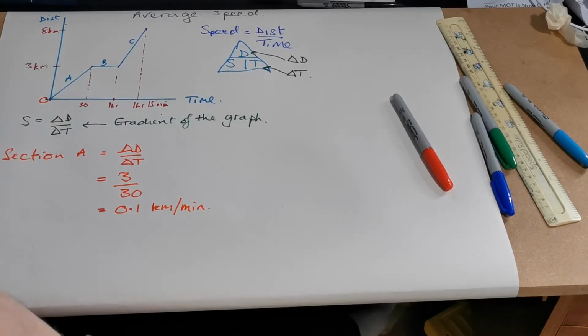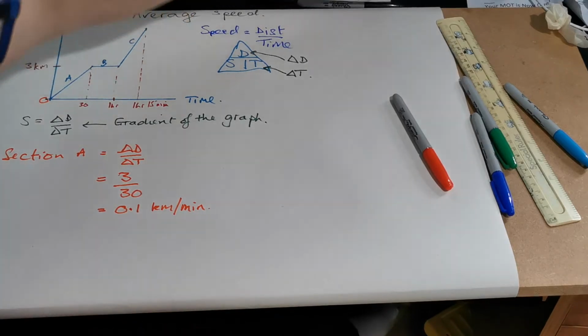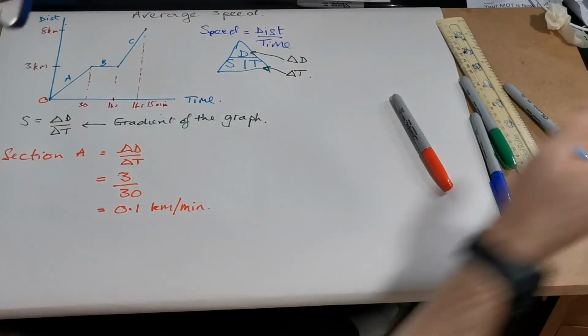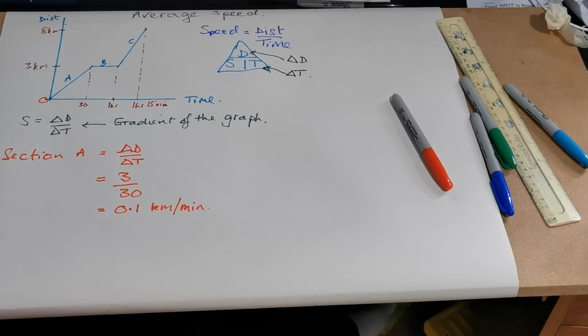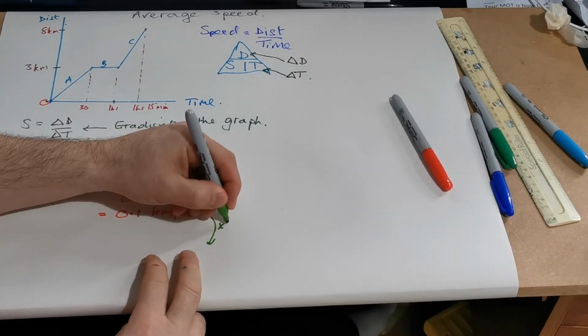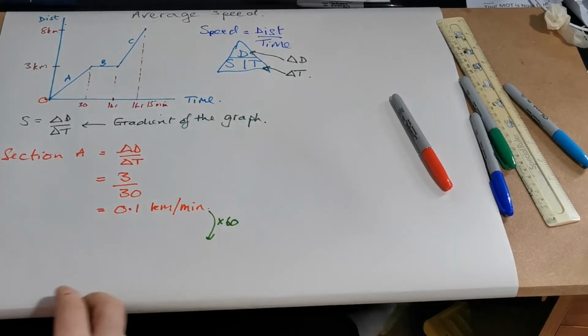Now, is that a commonly used measure? Well, no, it isn't. We would talk about kilometres per hour. Now, to get from minutes to hours, you have to times by 60. There are 60 minutes in an hour.